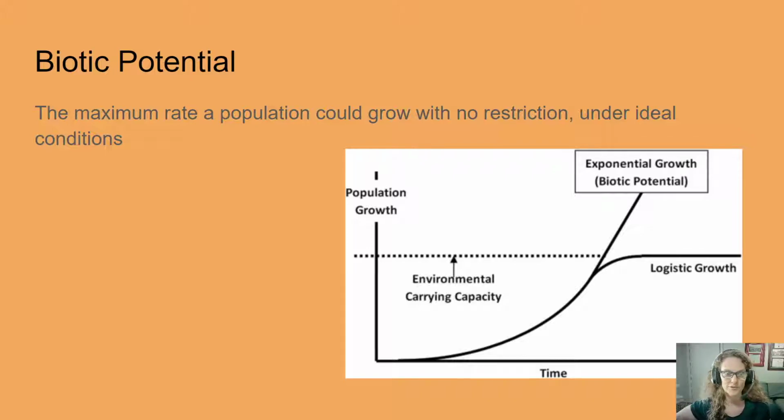Imagine if all the species on the planet only had biotic potential and it was never limited, and they just kept going and going. We'd be very overpopulated. So what happens is there are things that regulate unlimited growth, and we call those limiting factors. We've talked about those before, and they help curb the biotic potential.